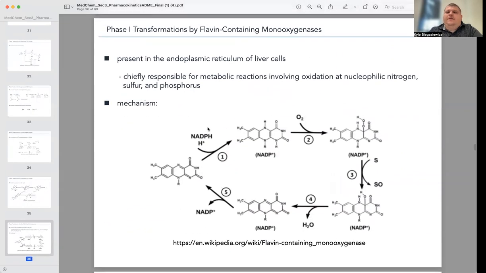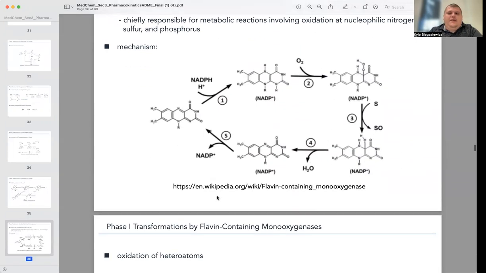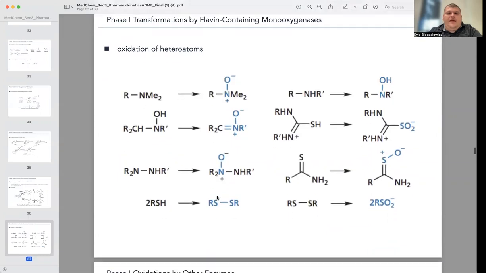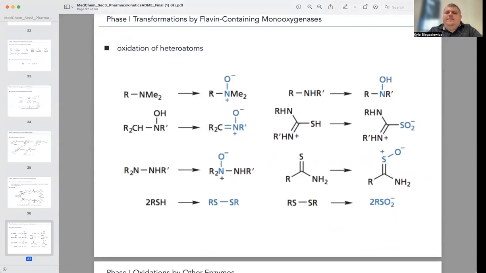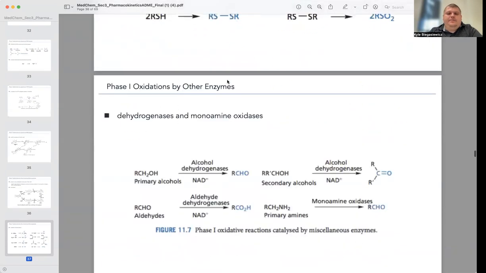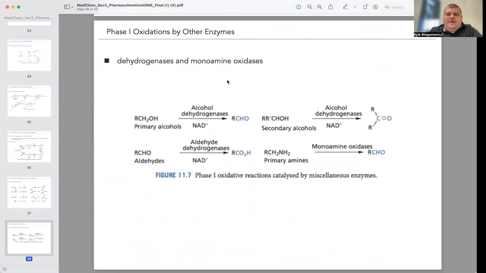The mechanism of a flavin monooxygenase will not be on your exam, but the important part of that is going to be on 37, where it can do these direct oxidations to the heteroatom. 38, dehydrogenases and monoamine oxidases are definitely going to be important. I would definitely know what those do.